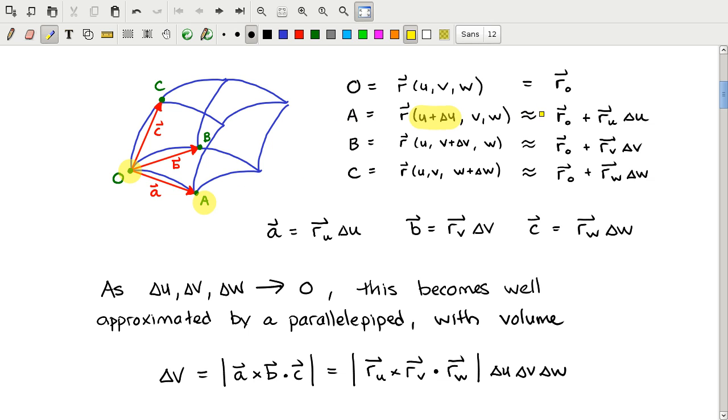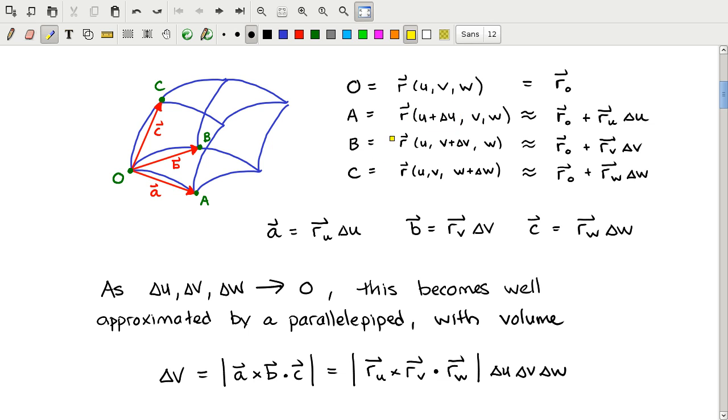And we've seen that this can be linearized to be approximately equal to r0, the vector associated with the point O, r0 plus the partial derivative of r with respect to u times delta u. This is the linearization of the function r about the point r naught. So that is our first point.